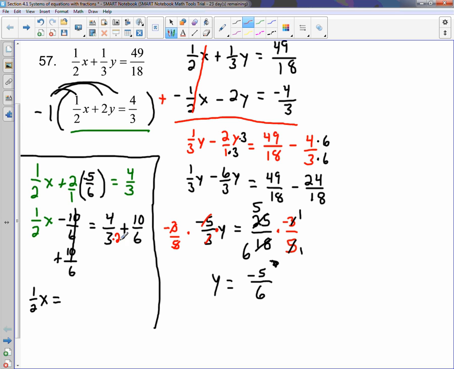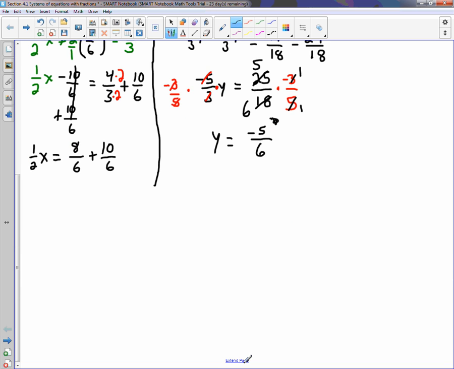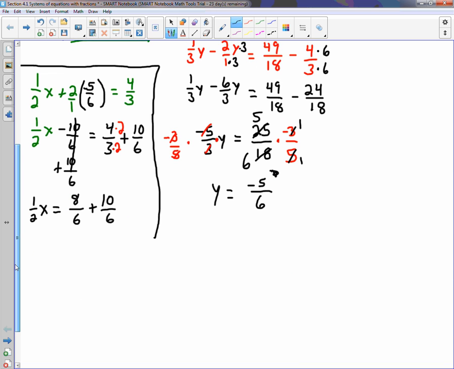It's 6, so I'm going to multiply by 2, and that gives me 8 over 6 plus 10 over 6. We can now add those fractions, and that gives me 18 over 6.